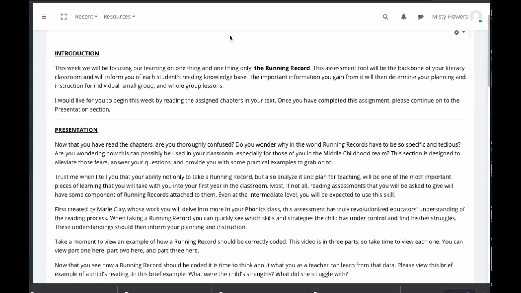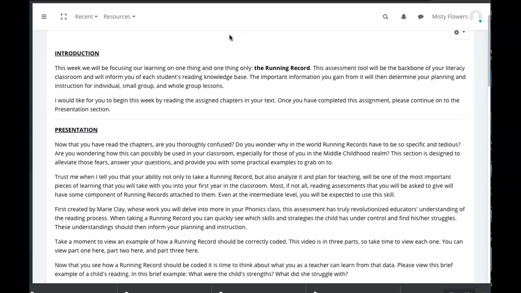When you look at the errors, and you're wondering, did the child use meaning, structure, or visual? Ask yourself this question. Does the attempt make sense? Did the child use the picture or illustration in making that error? If so, the student uses meaning. If structure were used, ask yourself, does the attempt sound right?